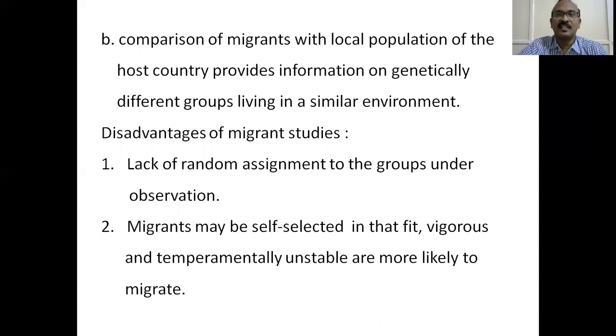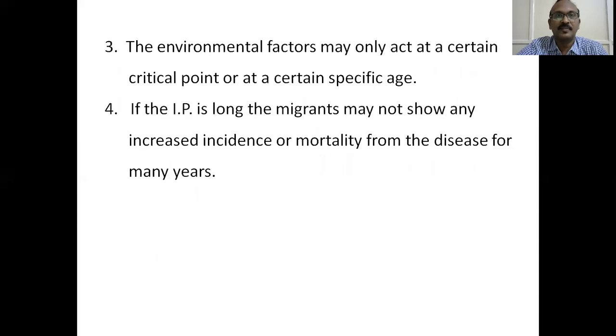Migrants may be self-selected in that the fit, vigorous, and temperamentally unstable are more likely to migrate. So migrants may select themselves for the study of disease in a particular area, and in that process it happens that those who are more fit, or those who are not mentally sane, are more likely to migrate or come out of the study.